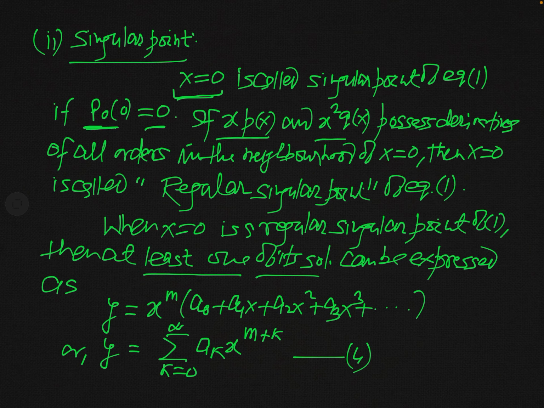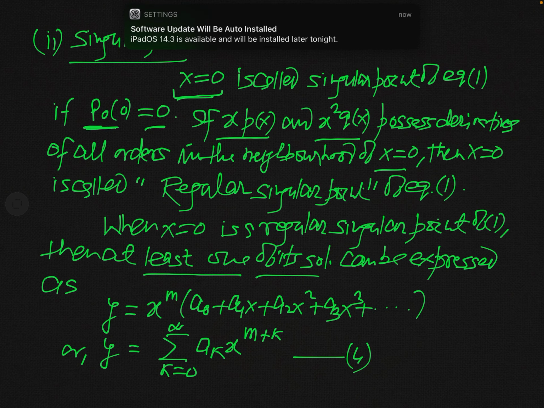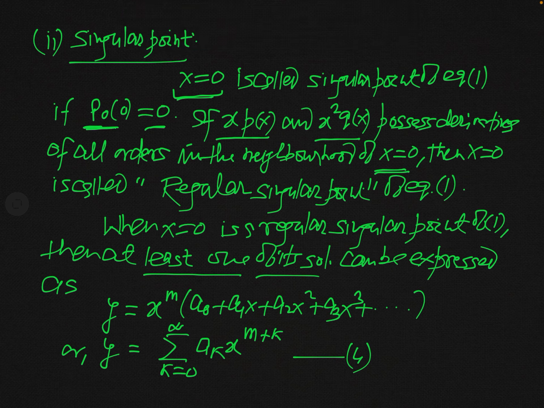After that we have to see whether the functions x into p(x) and x square into q(x) possess the derivatives of all orders in the neighborhood of x equal to 0 or not. If they possess them, in that condition we say that this x equal to 0 is a regular singular point of this equation 1.